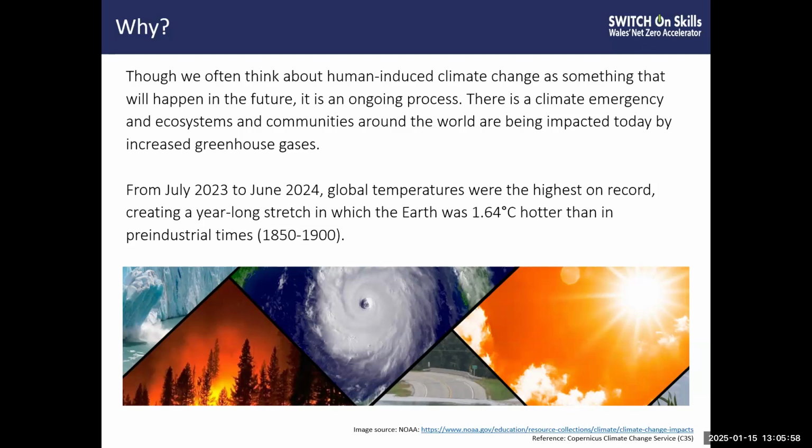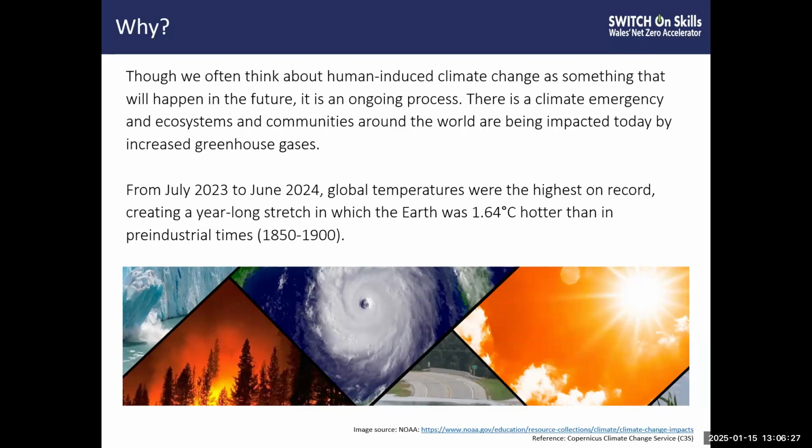From July 2023 to June 2024, global temperatures were the highest on record, and we keep breaking these records of global temperatures. This created a year-long stretch in which Earth was 1.64 degrees hotter than in pre-industrial times. We use the pre-industrial times, 1850 to 1900, as the benchmark.